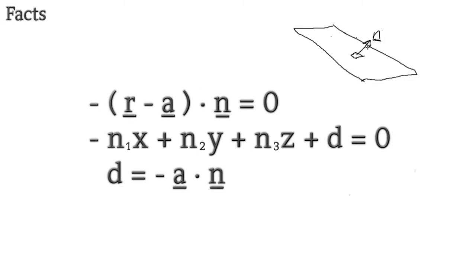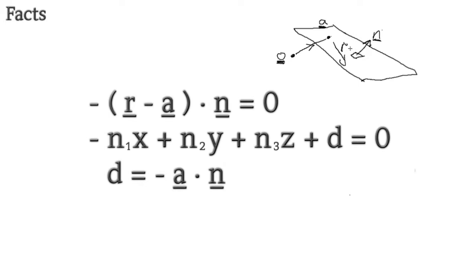This can also be defined using vector notation, (r take a) dot n is 0, where a is a position vector, a certain point a from the origin, this is the vector a, then r is a vector lying on top of the plane.